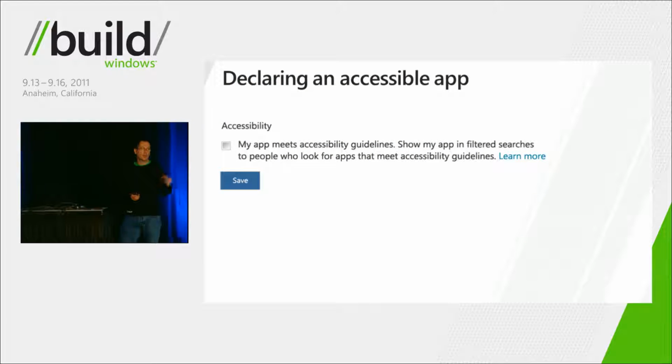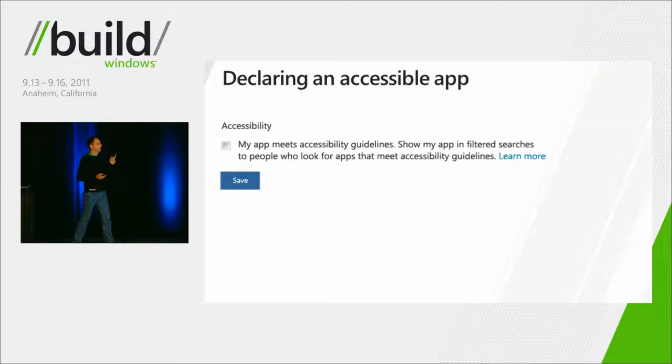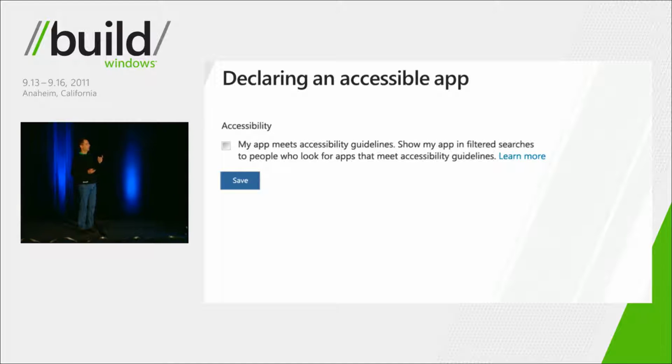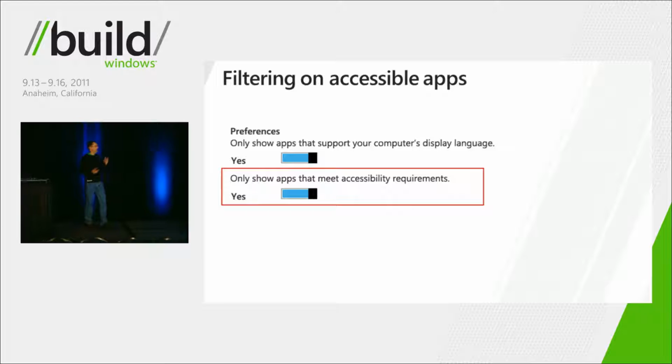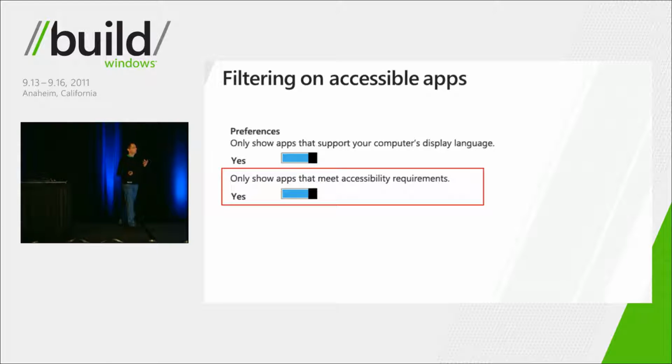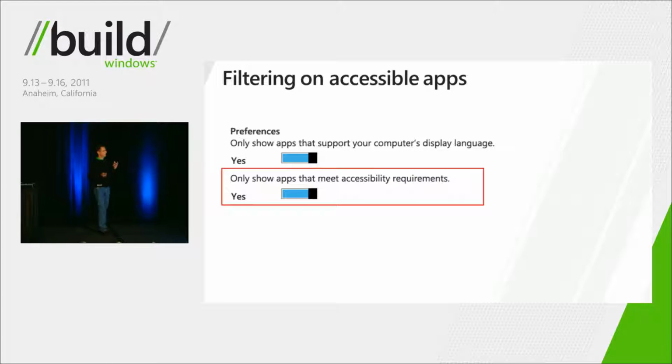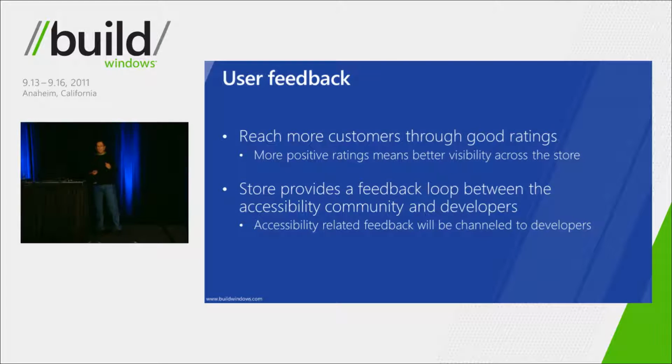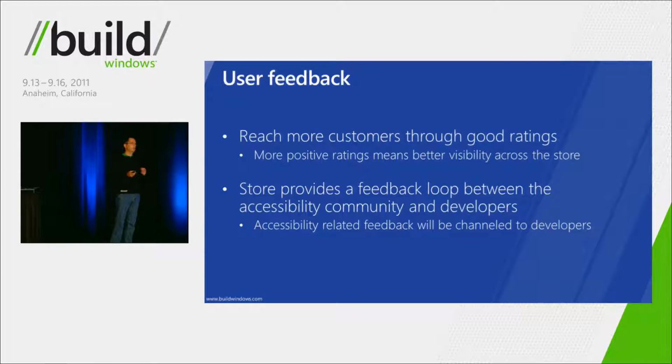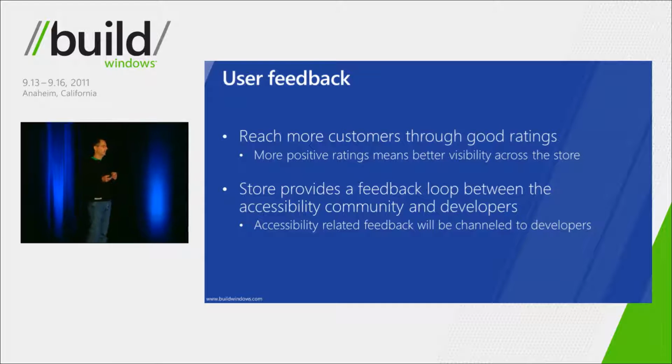And that's the sort of thing on the screen now that you would see when it comes to publishing your app at the store and saying it meets these accessibility requirements. And that's the sort of thing that your potential customers will be seeing when they start filtering on accessible apps, making it really easy for them to discover your app. The accessibility community is known to be very supportive of developers that build accessible apps.